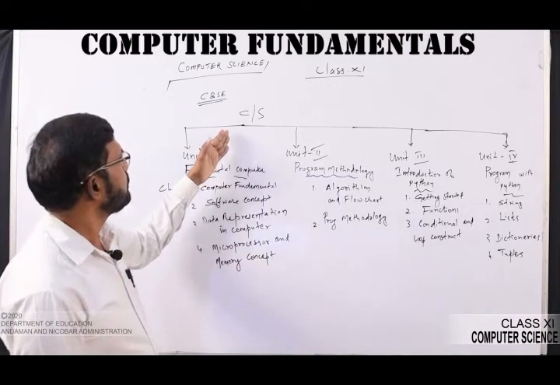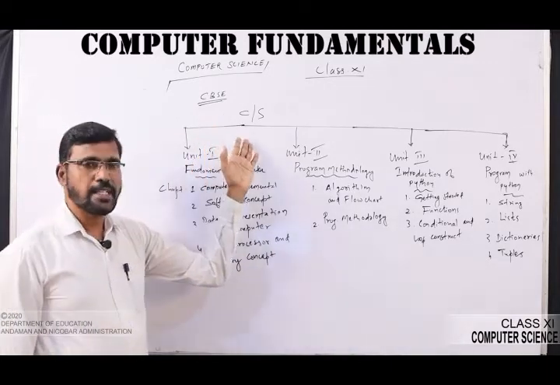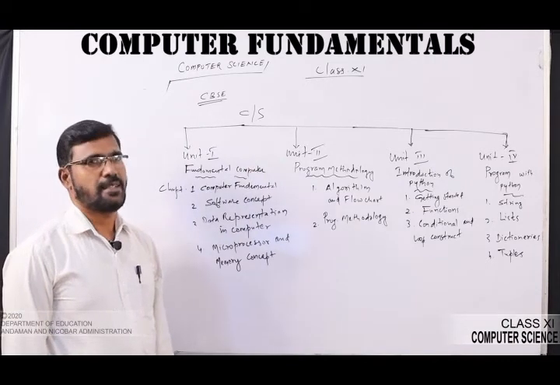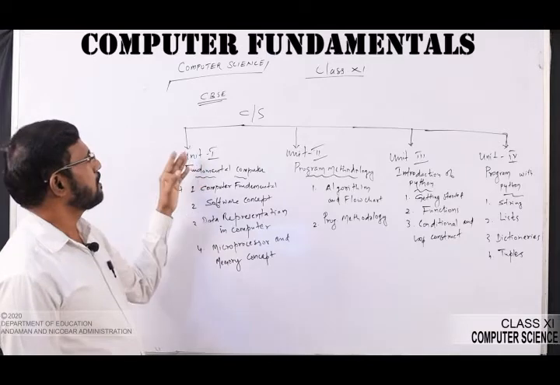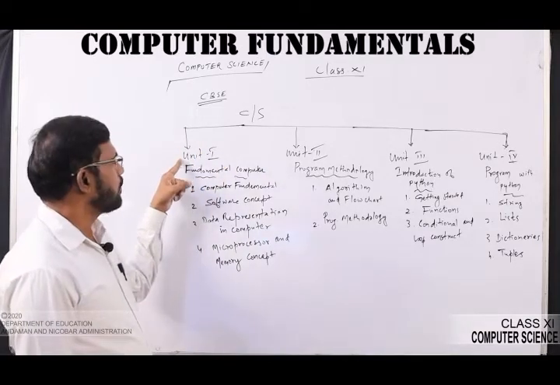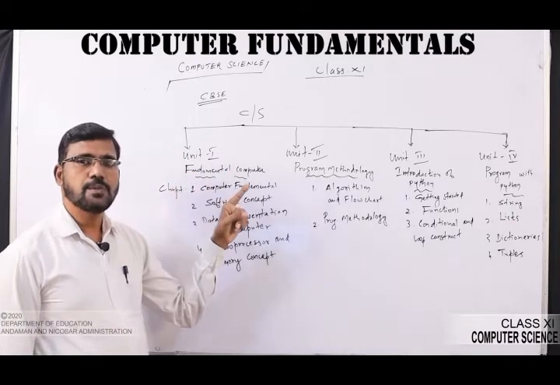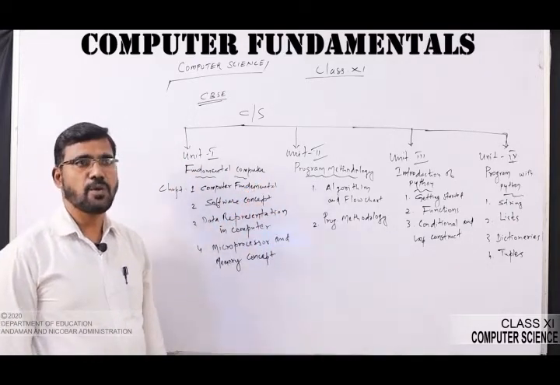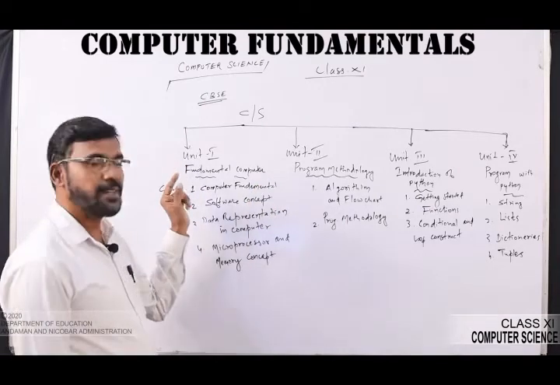If you see how the computer science syllabus is structured, there are 4 units: unit 1, unit 2, unit 3, unit 4, mainly 4 units.